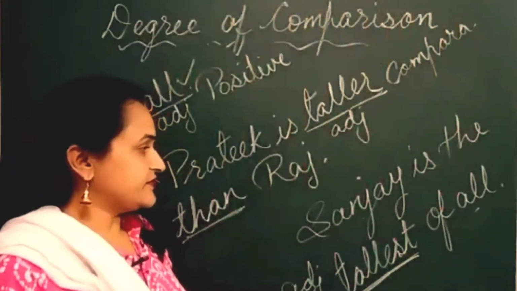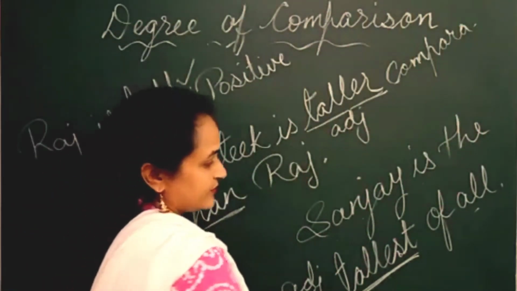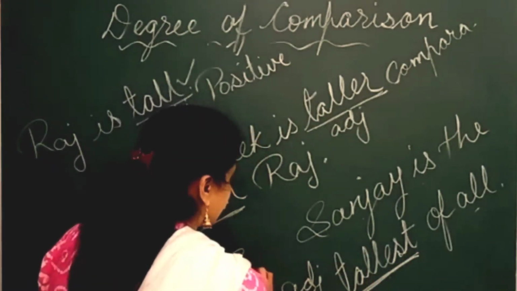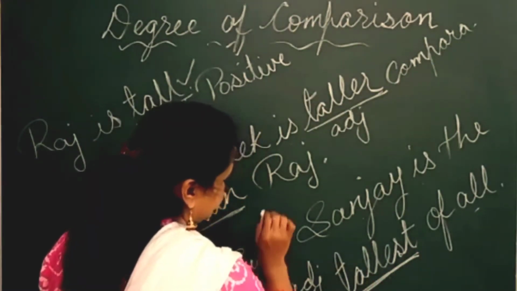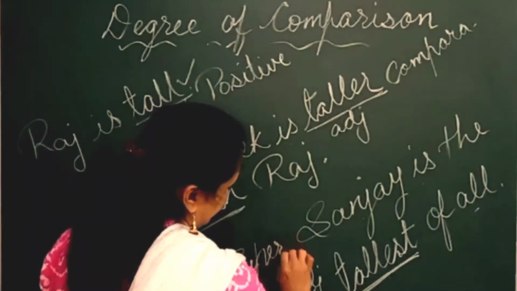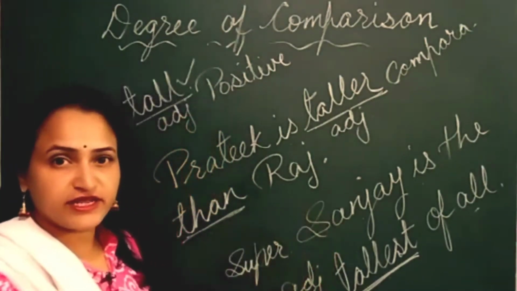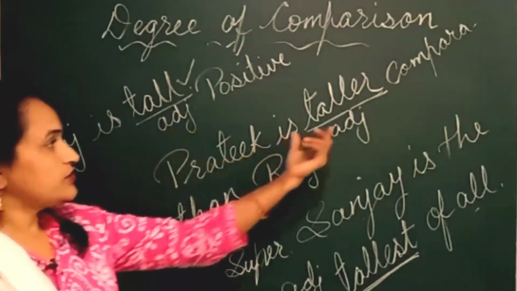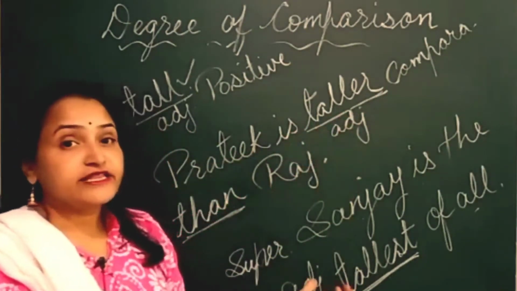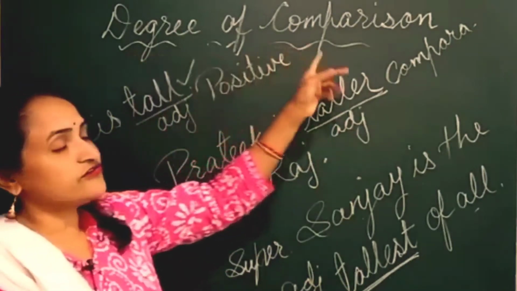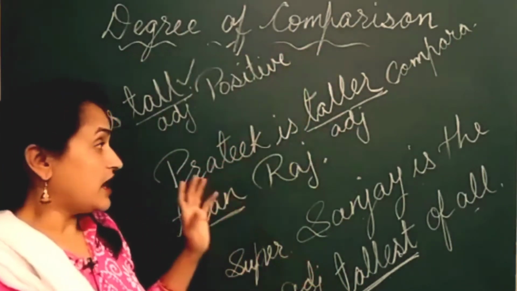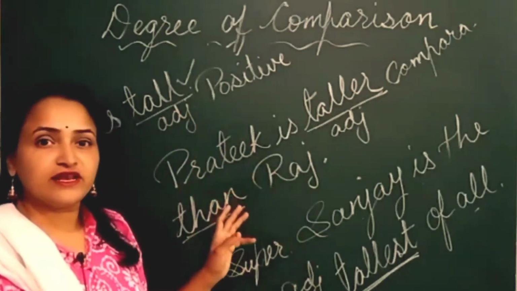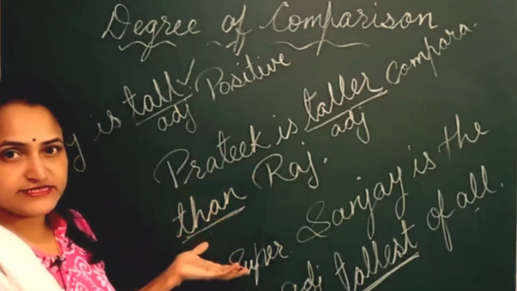And in the third one, the same quality, but the form is changed, that is tallest, and this word tallest is the superlative degree. So these three, tall, taller and tallest, are known as degree of comparison. How an adjective changes its form, now we will see in the next examples.